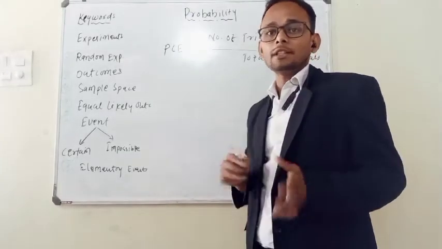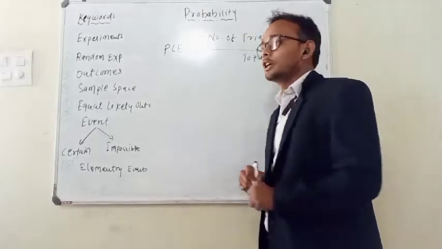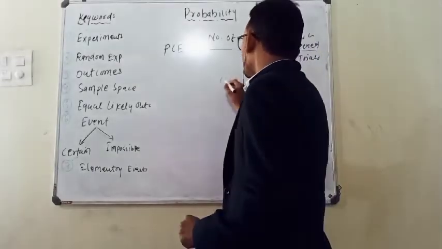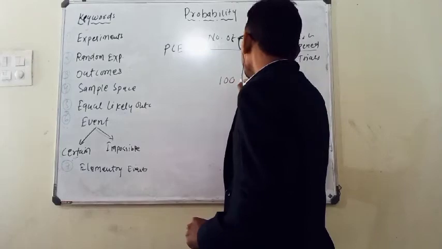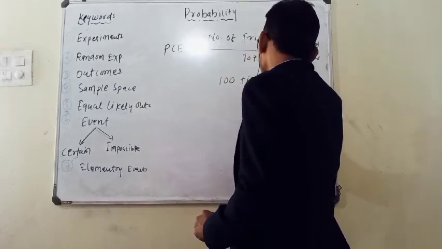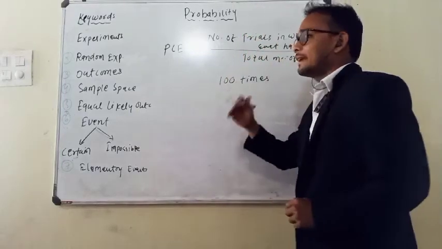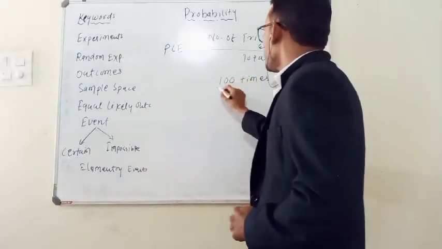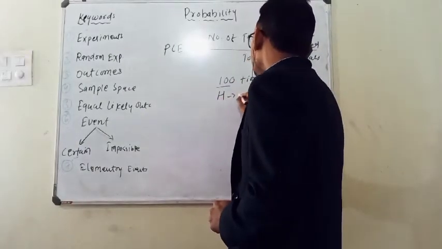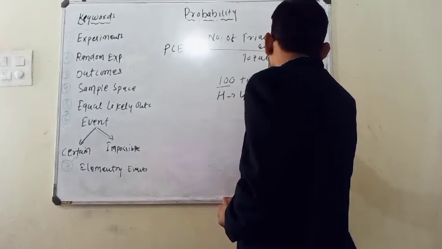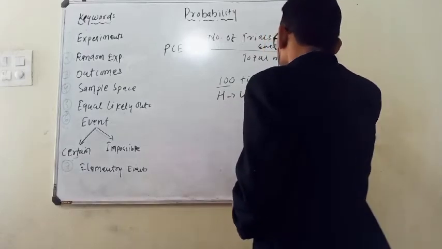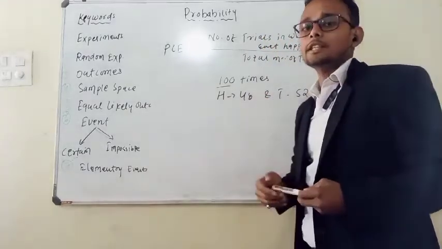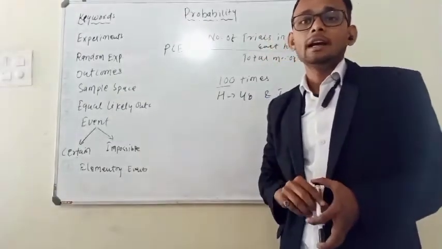First I will take an example of a coin. If a coin is tossed 100 times, which means the experiment is already done, we get head 48 times and tail 52 times. The question is, what is the probability of getting head?